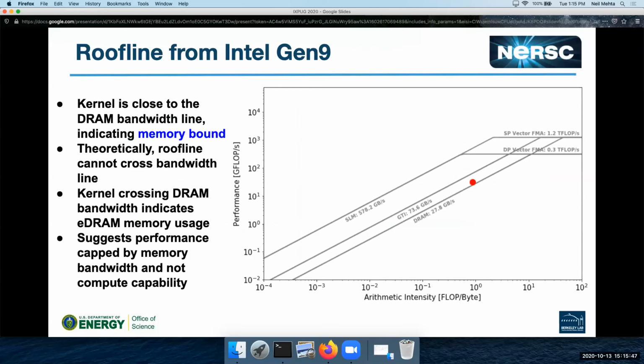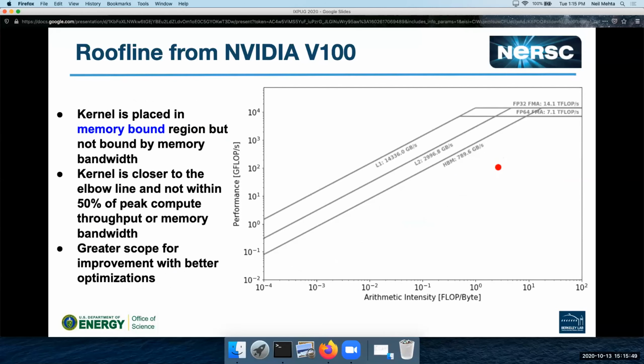So how does our roofline look? Here we can see that on NVIDIA V100, we have our kernel, which is roughly in the memory bound region, but very close to the elbow line. And the kernel is not close to either 50% of compute throughput, nor is it close to the high bandwidth memory or the DRAM bandwidth.